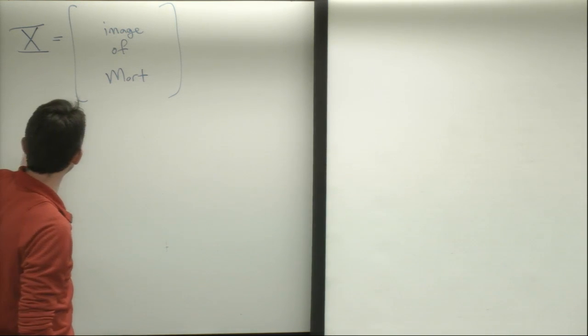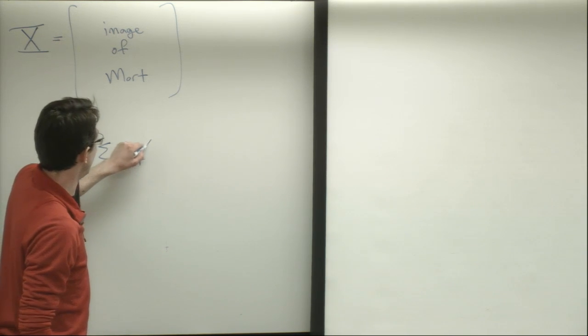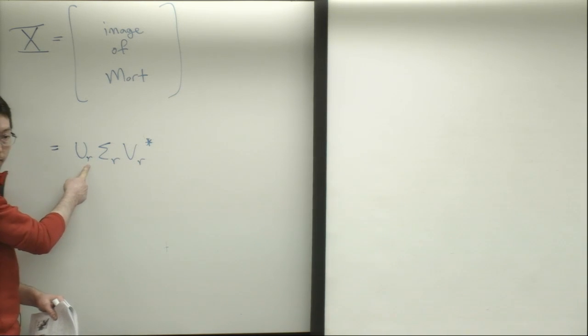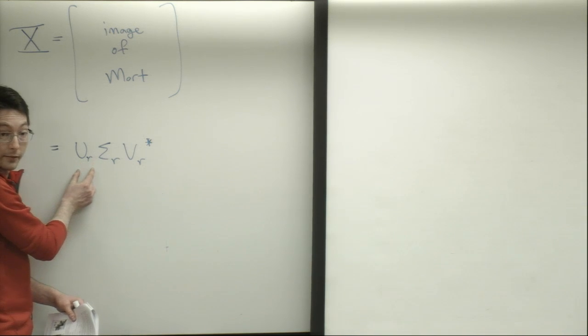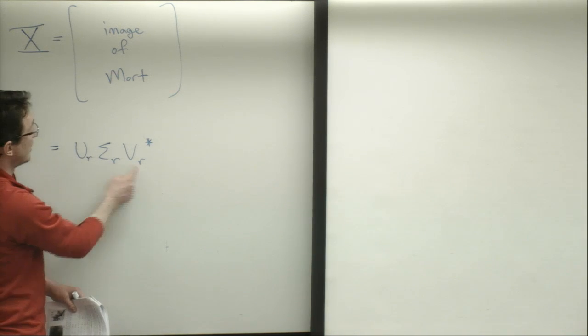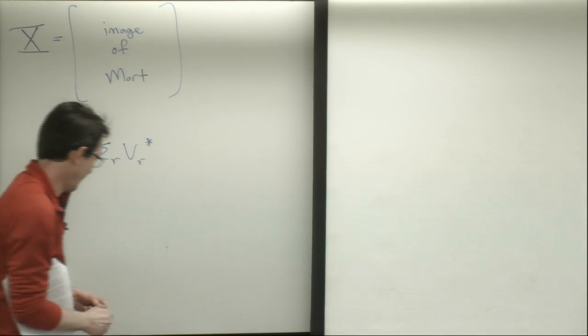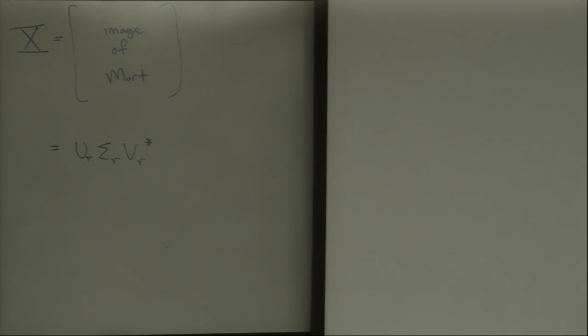So I can say that this really equals U sub R, sigma sub R, V sub R transpose, where I just keep the first R columns. Instead of the first 1,000 columns, maybe I'll keep the first 50 columns, the first 50 singular values. And I'll get a big compression, like a factor of 20 compression. Okay? Any questions while we code this up?